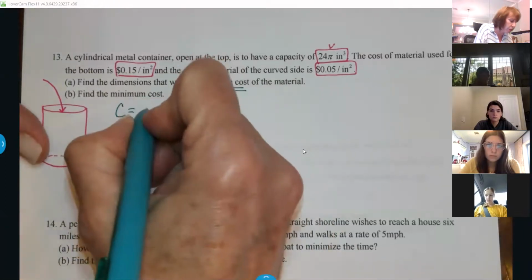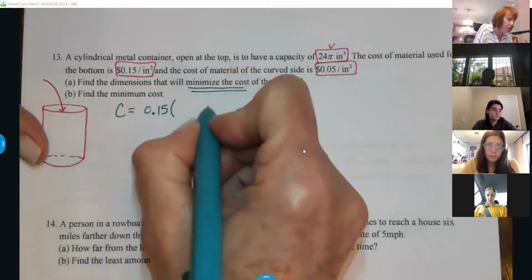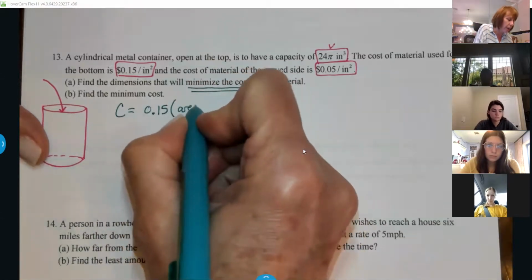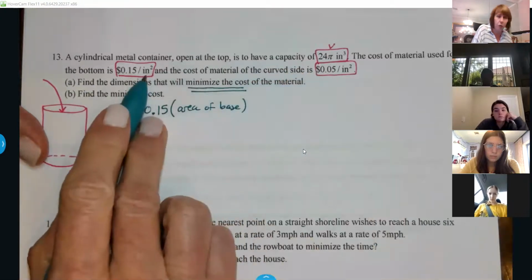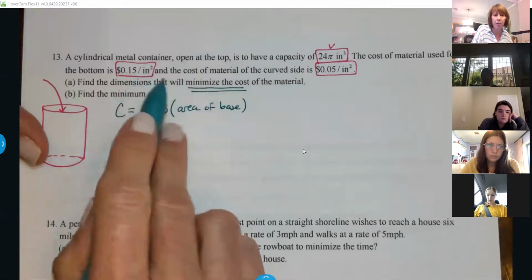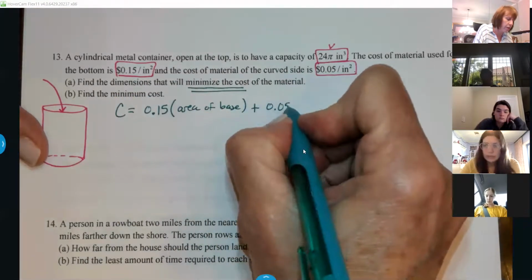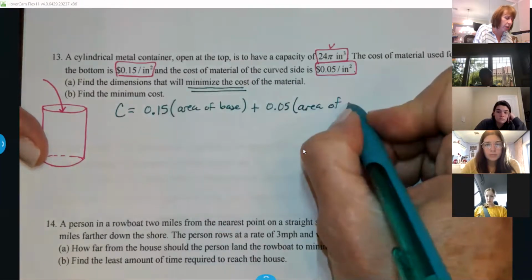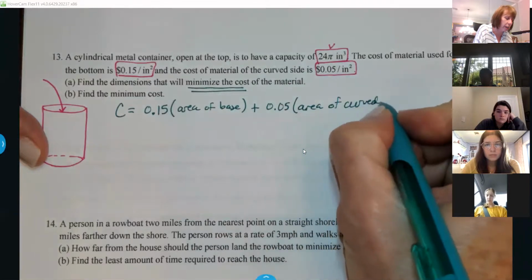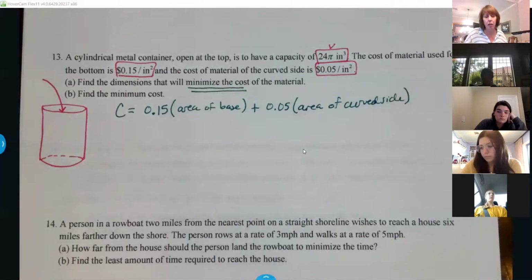So I'm going to start off with this 15 cents. 15 cents times, and here I want the area of the base because it's this per square inch, so it's the area of the bottom, which is our base. And then we're going to add to that 5 cents times the area of that portion, the curved side. Okay, so in general, that's how I set up any cost equation.